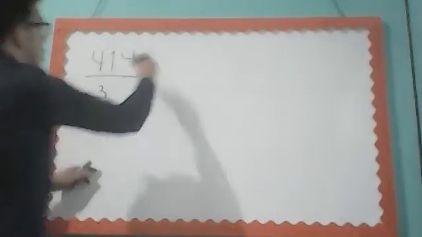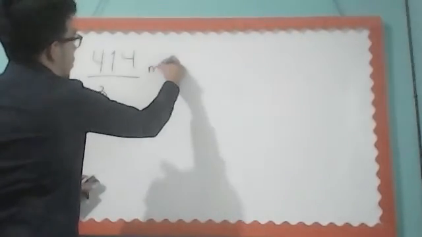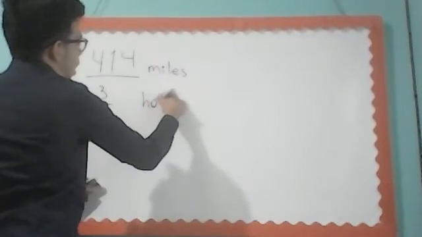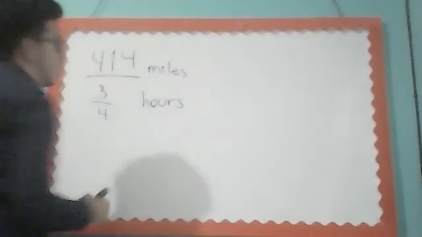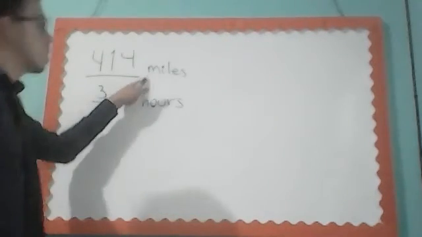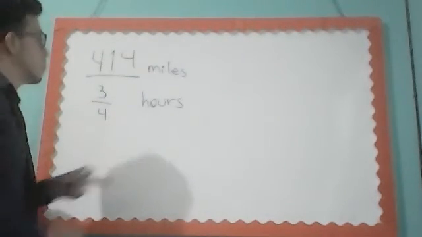You don't care about the units. I'm going to write it in another color. This is miles. These are hours. So in this way, you remember that it's miles over hours.